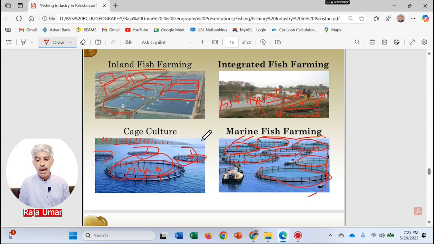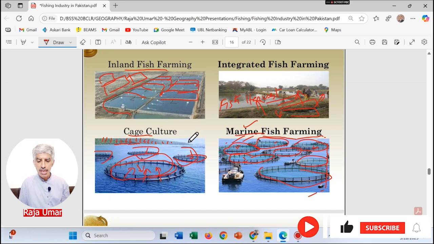So this is a modern technique, these two, but not really very much in Pakistani culture, but it is being done on a smaller scale, and it is developing.